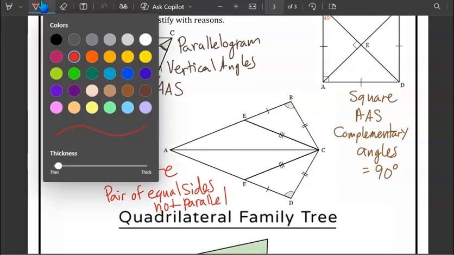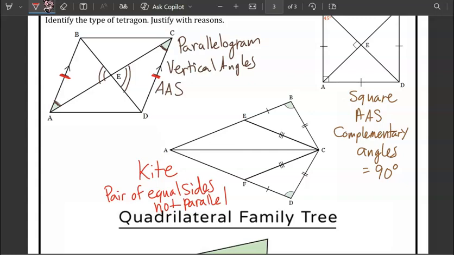Which, by the way, the whole entire thing is the kite. A, B, C, D.